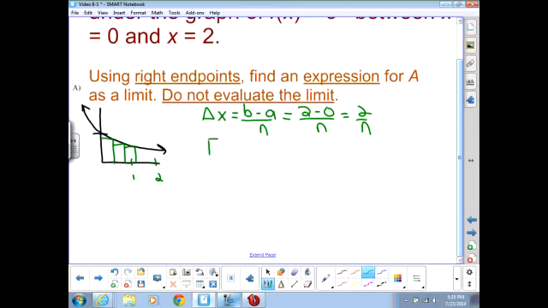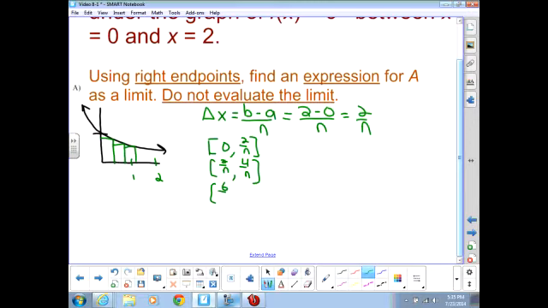Our intervals, we're going to start at 0. And then for the next one, we'll add 2 over n to that. So our first interval will be from 0 to 2 over n. The next one will be from 2 over n, and when you add 2 over n to that, you get 4 over n.